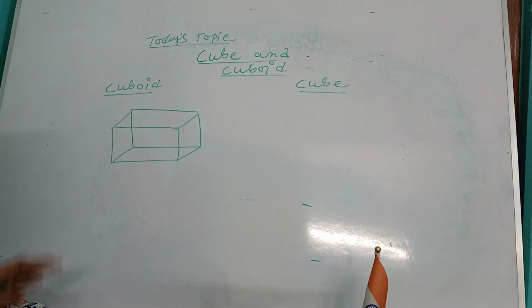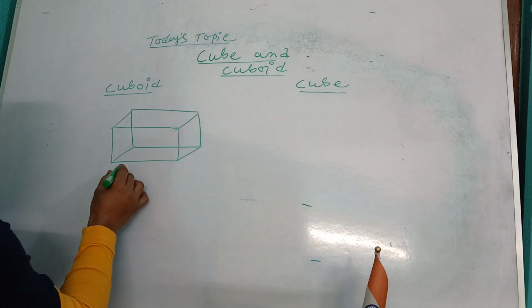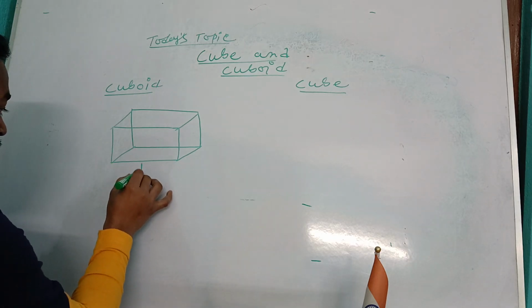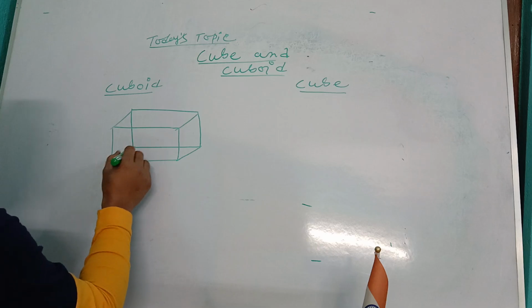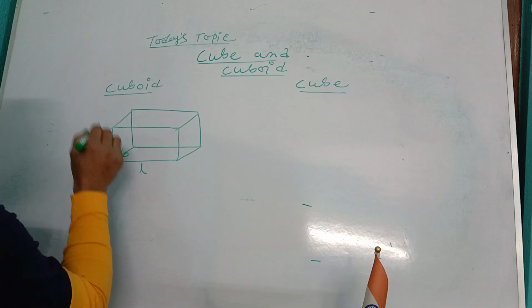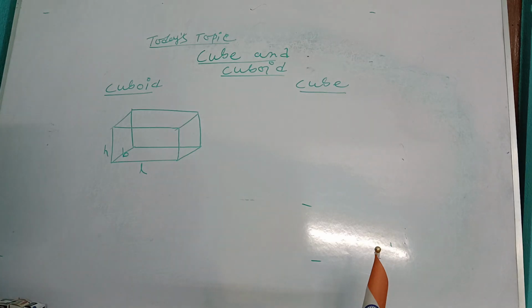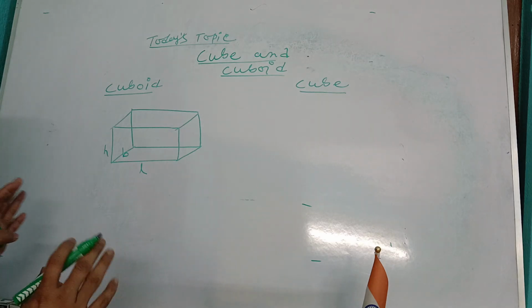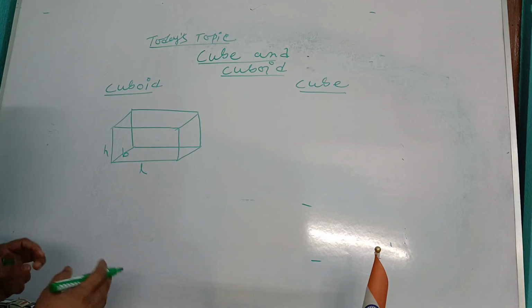Done. So this is, you can say, one 3D box-like object where the length is L, breadth is B, and height is H. Length, breadth and height are different, so L, B and H are not the same.